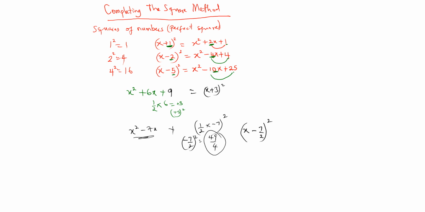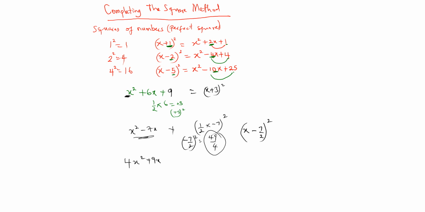Lastly, you can also introduce them to something like 4x squared plus 9x. What would they add to this? In this case, what we have been doing so far has the coefficient of x squared always being 1. So try to do so here too.